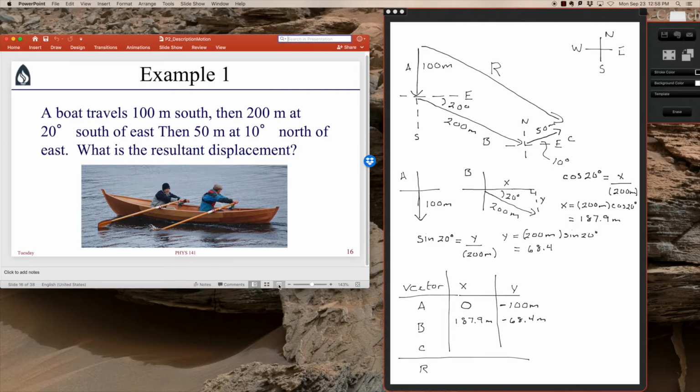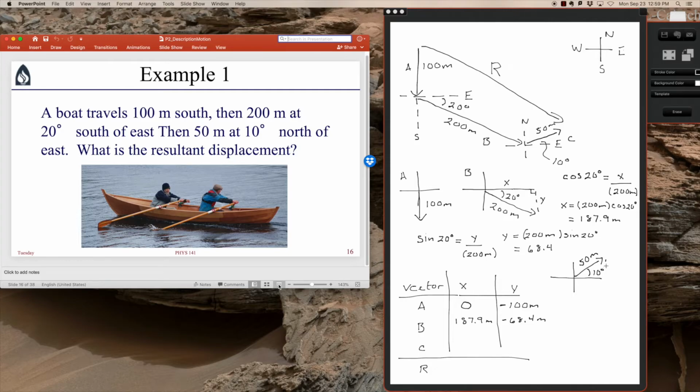All right, so I've broken up a and b into x and y components, and the third vector is, of course, vector c. If I draw a picture of vector c all by itself, here is vector c. Vector c has a magnitude of 50 meters, and it's in a direction that's 10 degrees north of east, or 10 degrees above the positive x-axis.